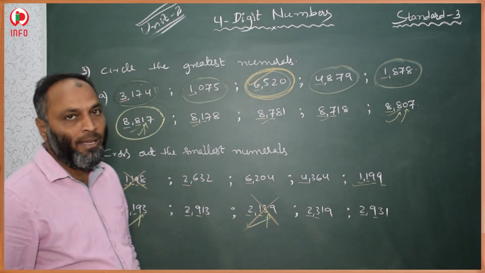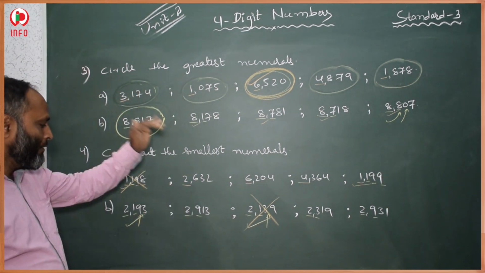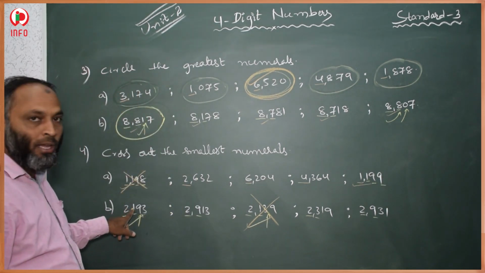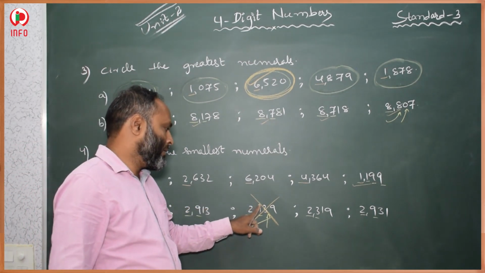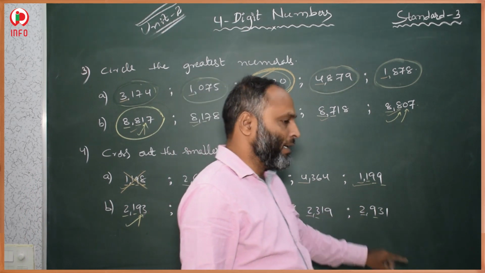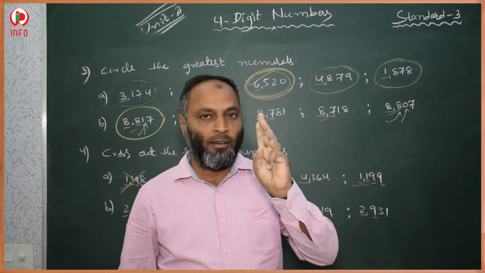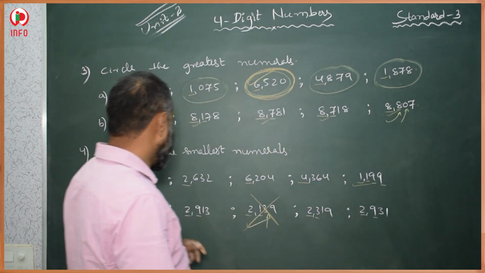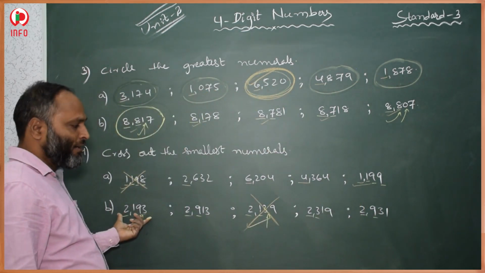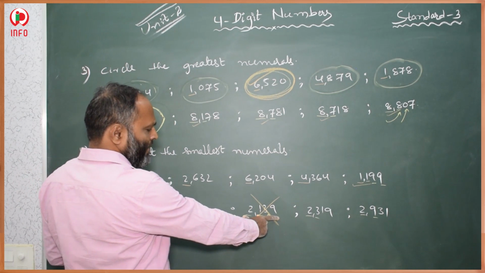In all, the thousands place value is the same. After that you go for hundreds place value. Here the hundreds place values are 1, 9, 1, 3, 9. 1 is the least. How many such least values were there? Two values were there.